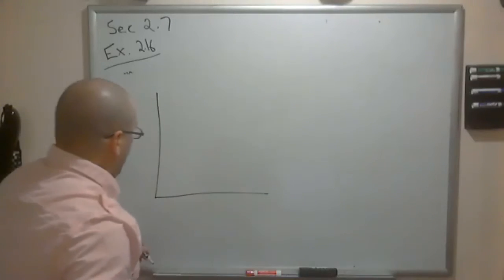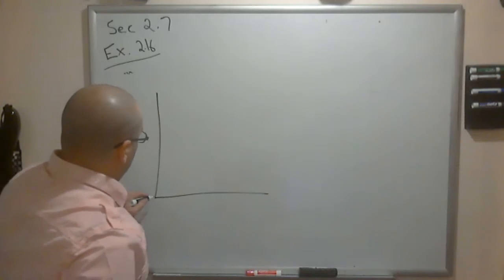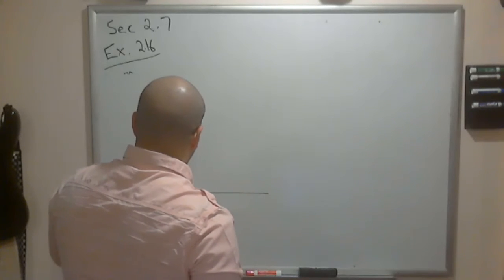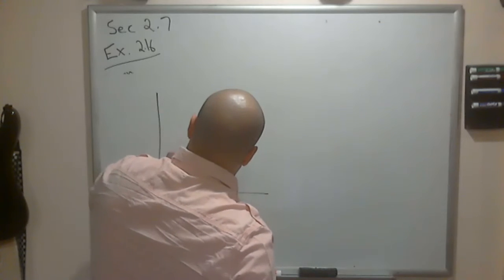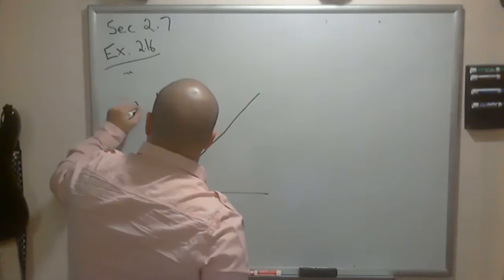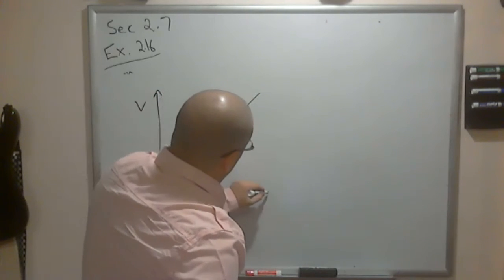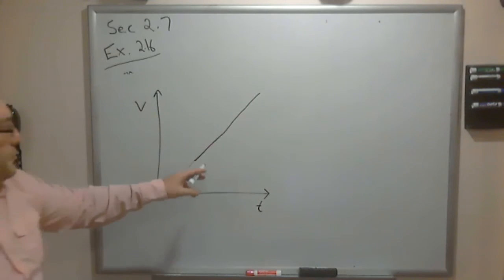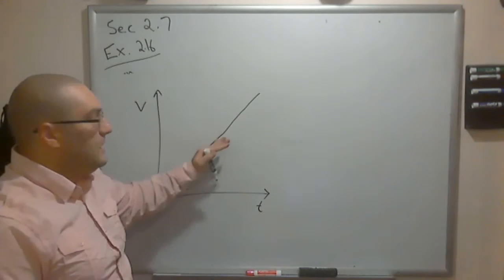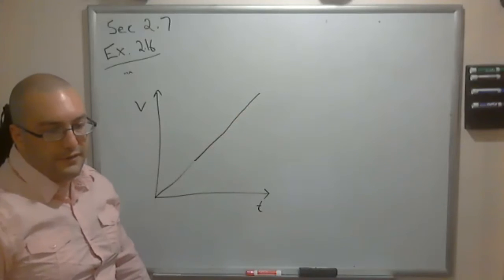In a graph, let's say we had a graph of velocity over time. We have something that's accelerating at a constant rate, right?